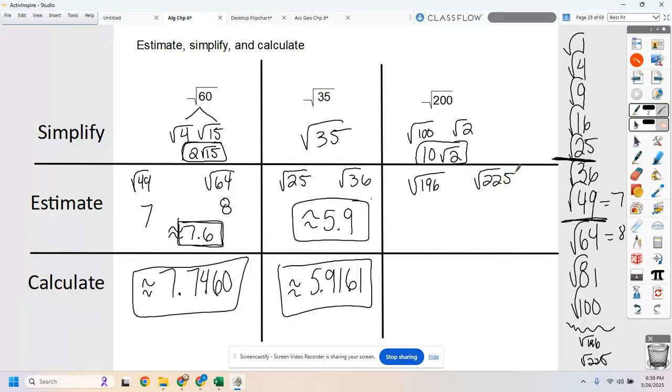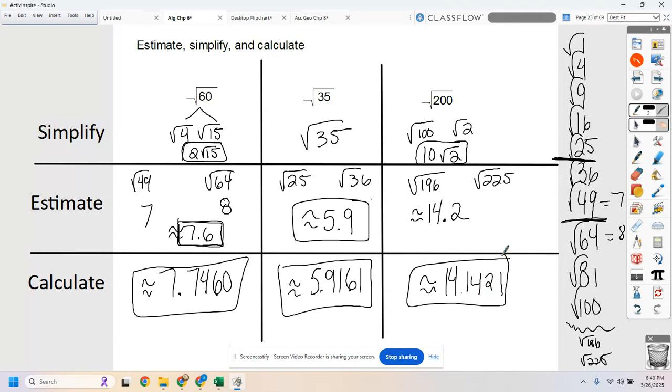I am a little bit closer to 196, and the square root of 196 is 14. So I'm going to go 14.2 as an approximate. Okay, so there's my estimate or my approximate. Now I'm going to go grab my calculator. Square root of 200 gets me about 14.1421. And then this would be my calculate.